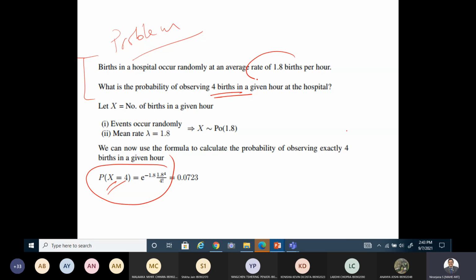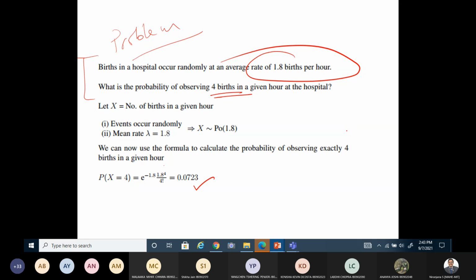Since the average measure is given, you can use the Poisson distribution here and calculate the probability. Suppose you estimate the probability for P of x is equal to 1, x is equal to 2, and so on, then you may be able to draw the plot also, showing the nature of the class.